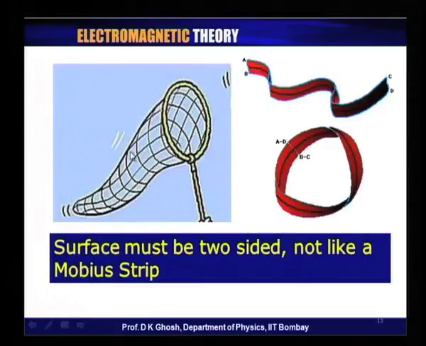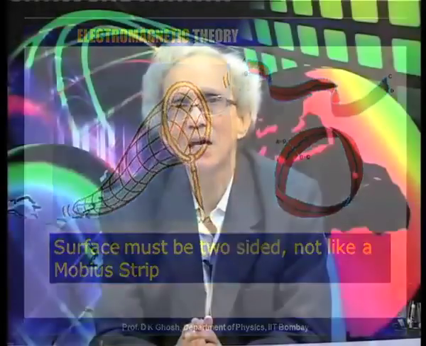Now, there are some issues connected with it. Number one, I need to have what are known as two-sided surfaces. In order that my definition of a surface integral makes sense, I need a two-sided surface. What is a two-sided surface? For example, an open hemisphere has an inside surface and an outside surface.